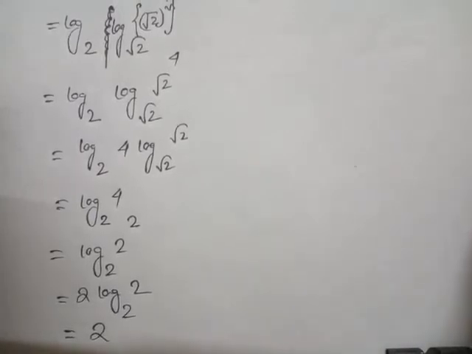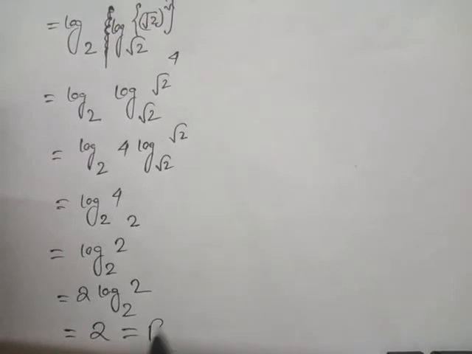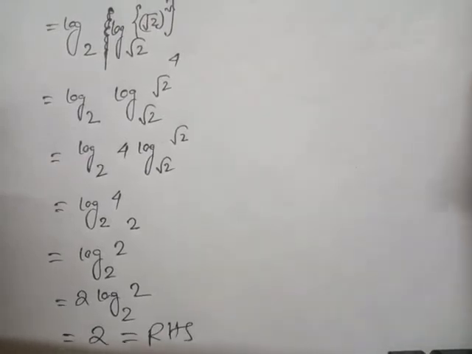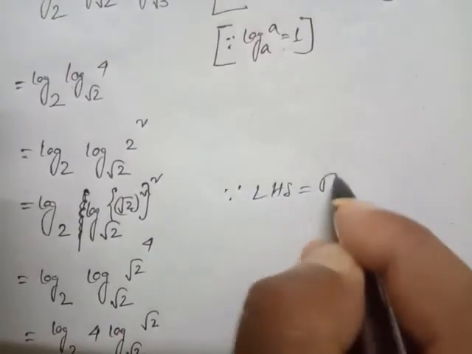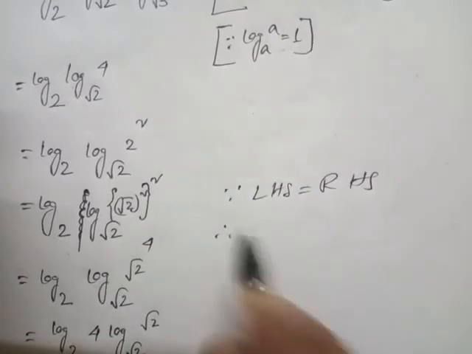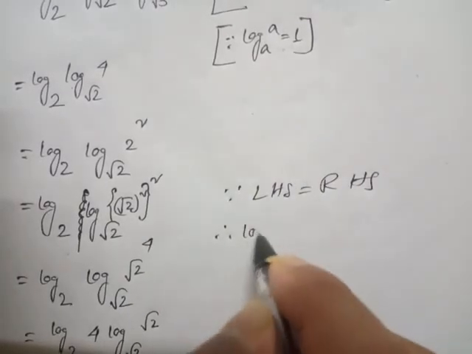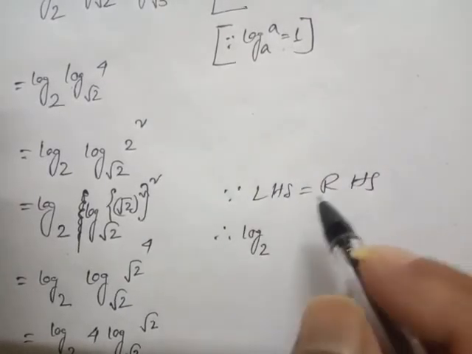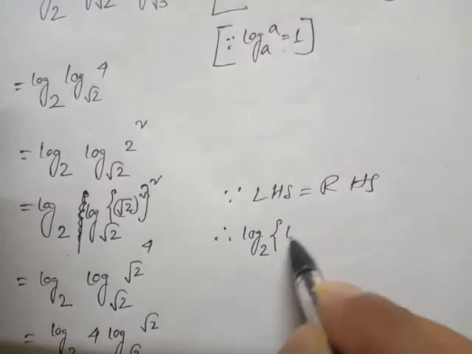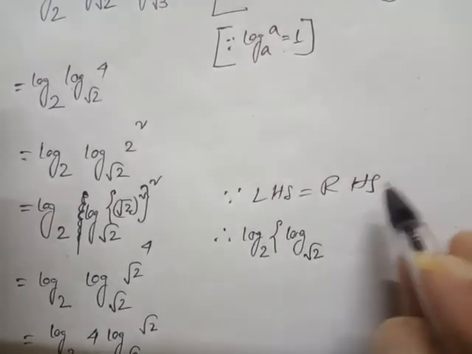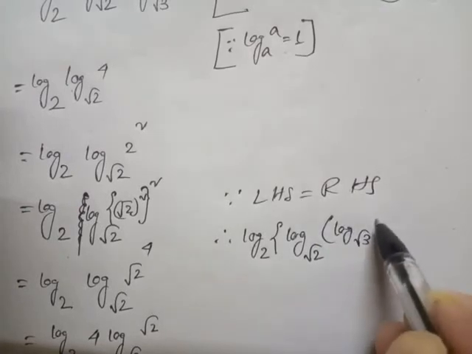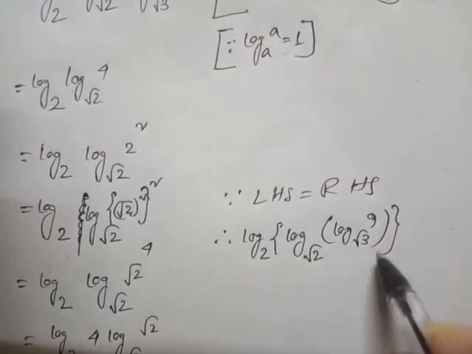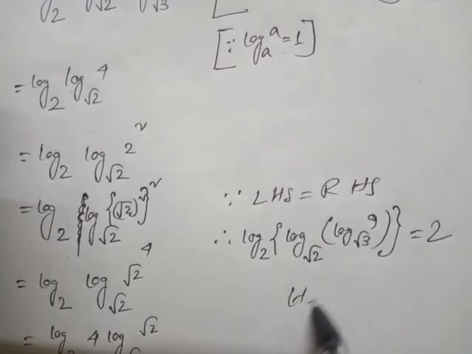Now look student, and this is our RHS. Now look here, I am writing by the side, since LHS equals RHS, therefore log base 2, then second bracket log base root 2, then again log base 3 of 9, then second bracket equals 2, hence proved.